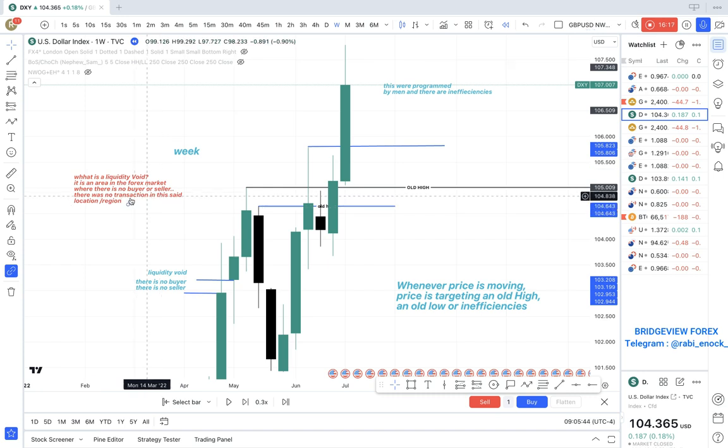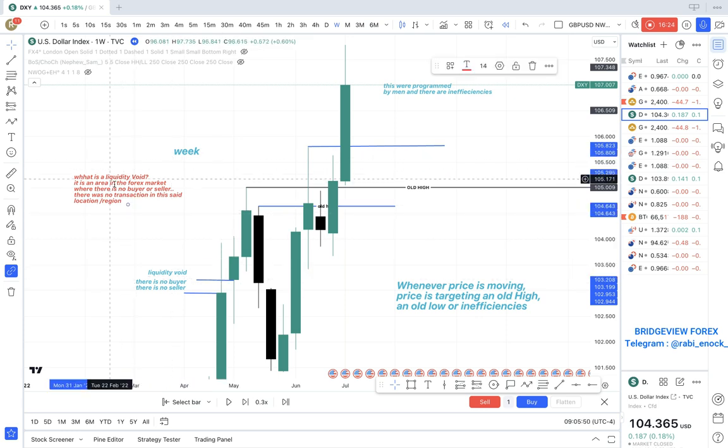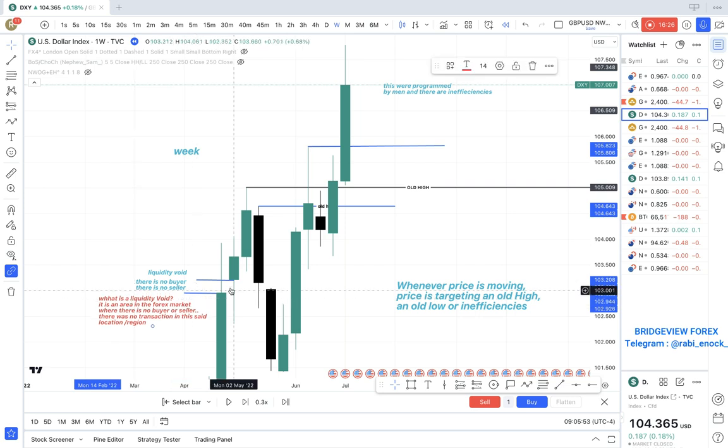There's no seller, there's no selling or buying in this location. There's a liquidity void. Anytime you come to the market, you have to look for a liquidity void.